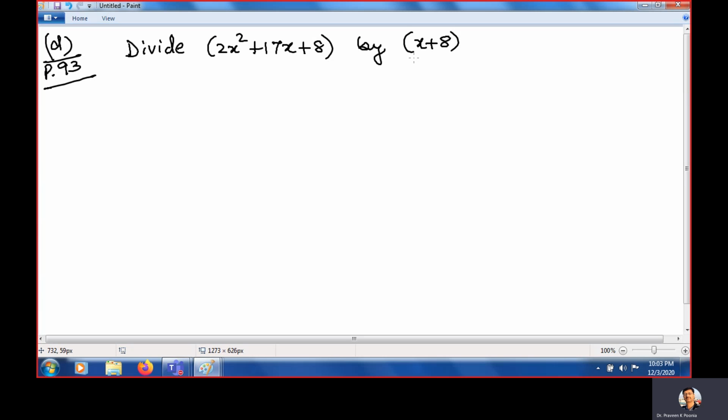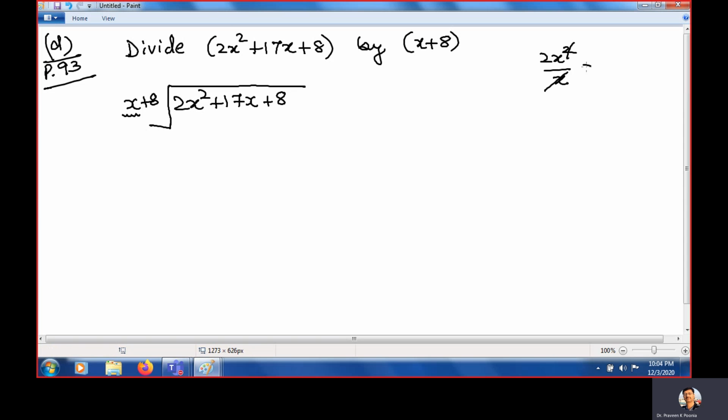How are you going to divide? This you need to focus on. Right here 2x power 2 plus 17x plus 8, and this is x plus 8. Now here it is 2x square. Look, 2x square, divide by x always.